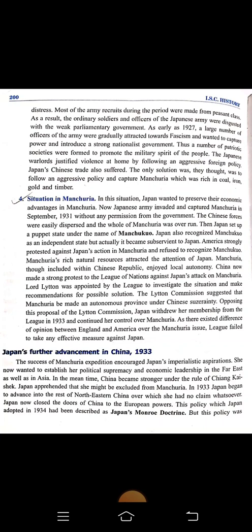So Japan now closed the doors of China to the European powers. The policy which Japan adopted in 1934 has been described as Japan's Monroe Doctrine. Then came further invasion of China in 1937 and 38.